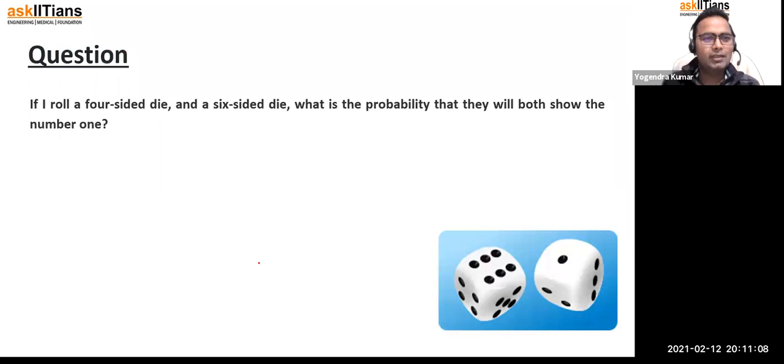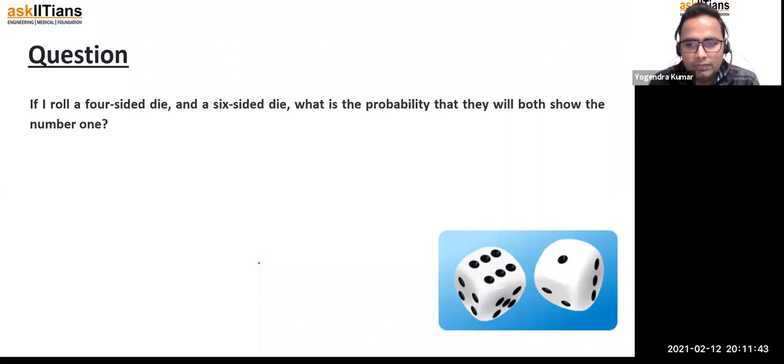Now, if I roll a four-sided die and a six-sided die, what is the probability that they will both show the same number?